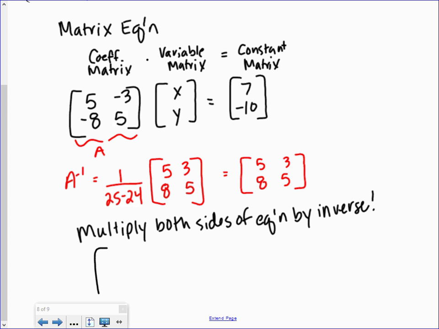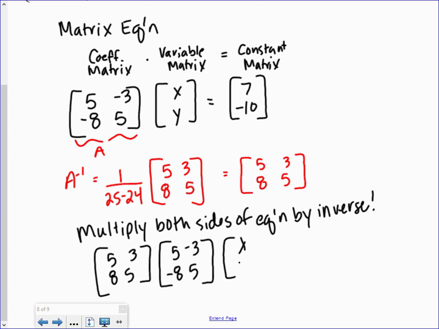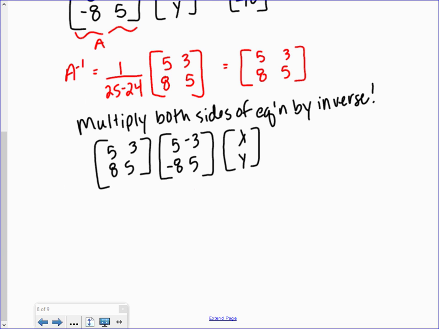So I'm going to have my inverse matrix, which is 5, 3, 8, 5, times my coefficient matrix, 5, negative 3, negative 8, 5, times my variable matrix, x, y. I'll just call this x.